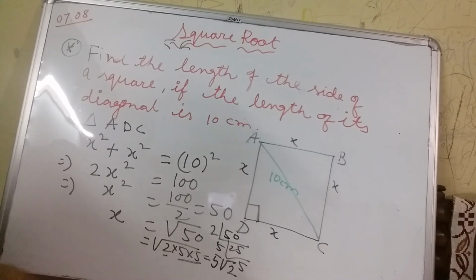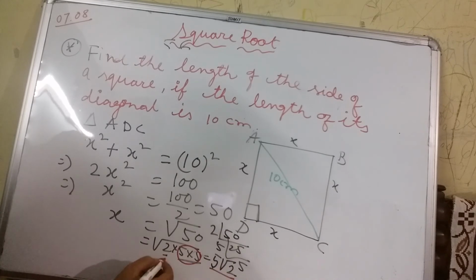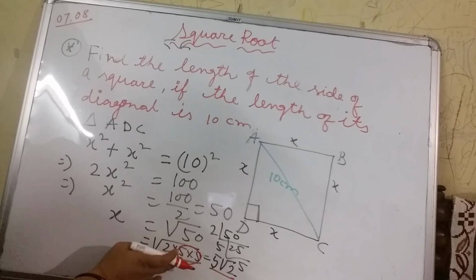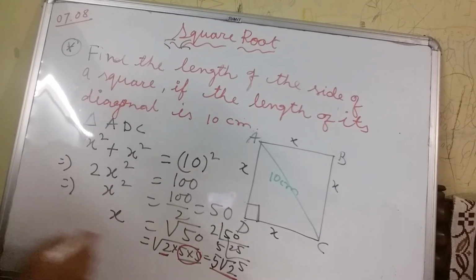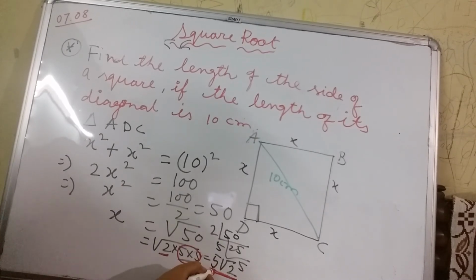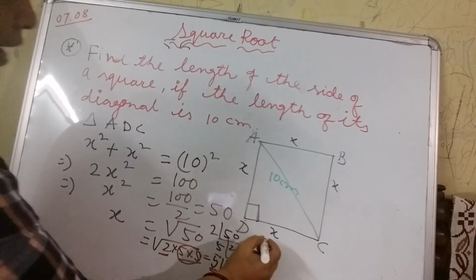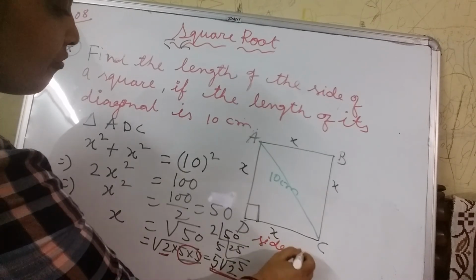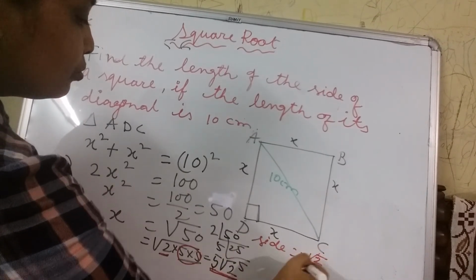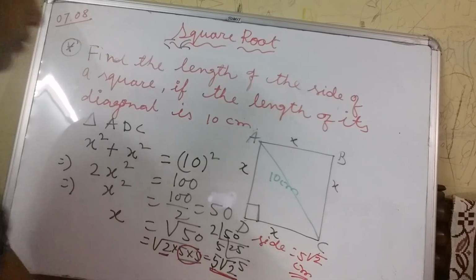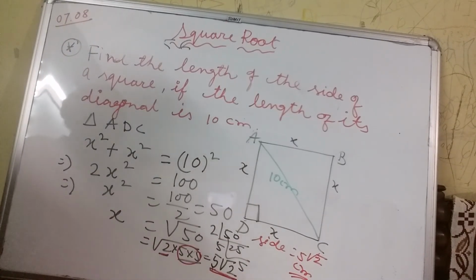As 5 is in a pair, it will come out, but 2 is not in a pair, 2 is alone or it's a lone pair, so it will remain under the square root. Okay, so your answer will be 5 root 2. So the length of its side will be 5 root 2 centimeter.